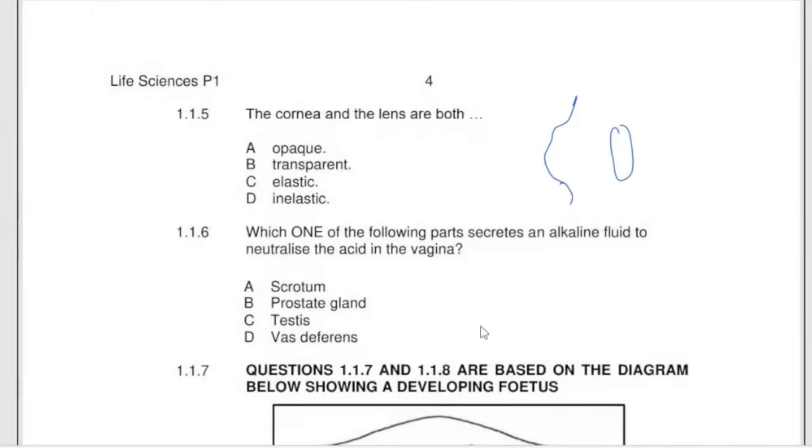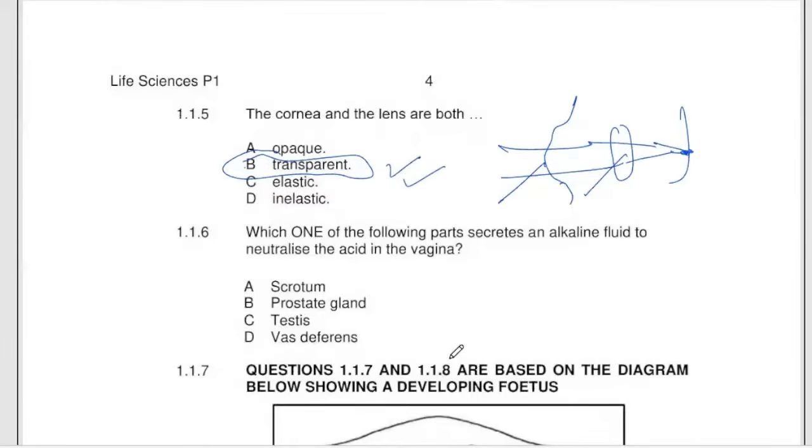Both allow light to go through so that an image is focused onto the retina. So the cornea and the lens are both transparent. The answer becomes B.